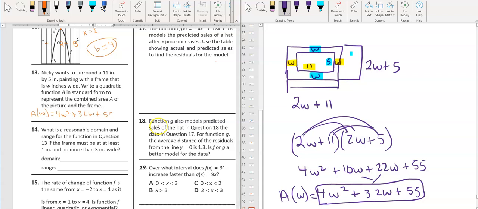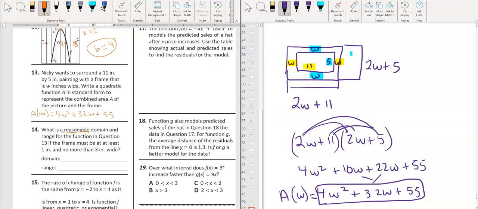Plus 55. Now, 14 is related to 13 because we want a reasonable domain and range. Obviously, I could get a bunch of different answers because this is going to be a parabola, but answers that are negative don't really make sense because a frame can't have a negative amount, and a picture can't have a negative length.